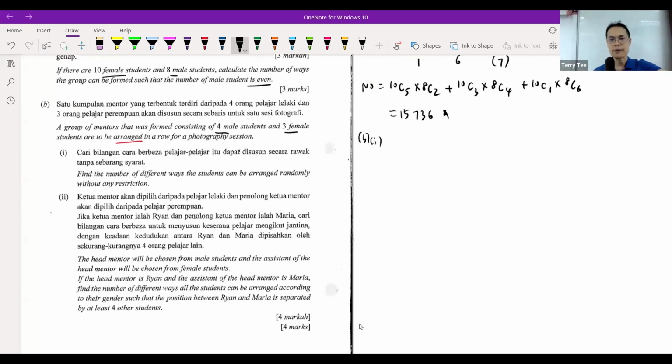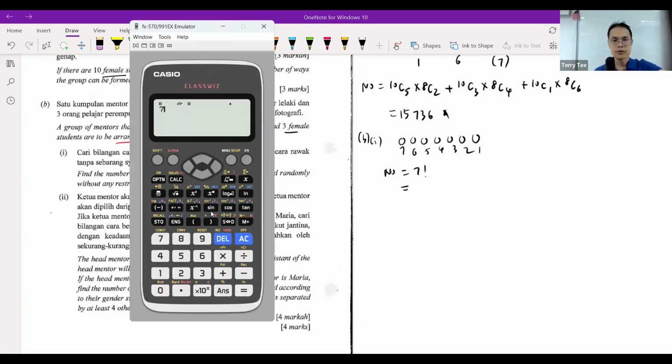If there's no restriction, basically you just put 7 people in a row. Anybody can sit anywhere. The first position you have 7, second 6, 5, 4, 3, 2, 1. So the number of ways is just 7 factorial. You can use your calculator: 5040.